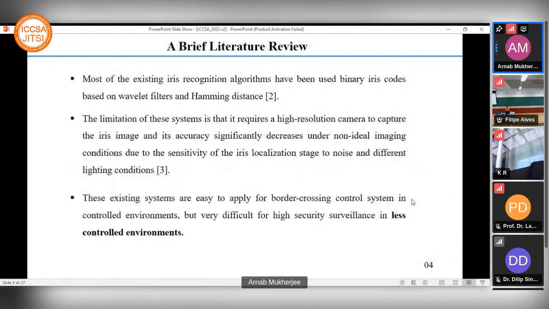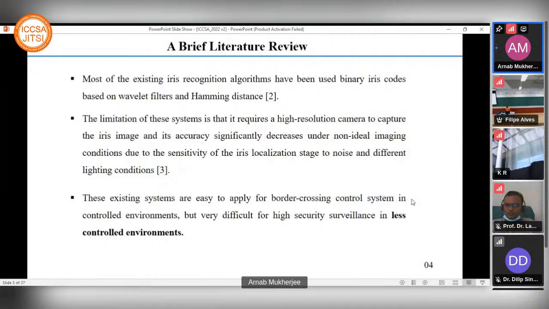Now I discuss a few literature reviews about iris recognition. The first iris recognition algorithm was proposed by John Daugman. The algorithm consists of Log-Gabor functions and Hamming distance. Most of the existing iris recognition algorithms use a binary iris code based on wavelet filters and Hamming distance.